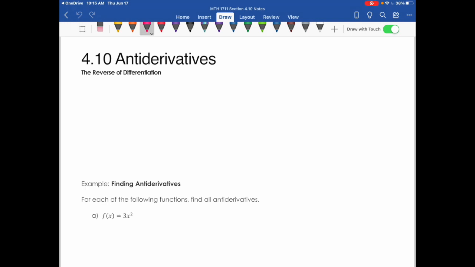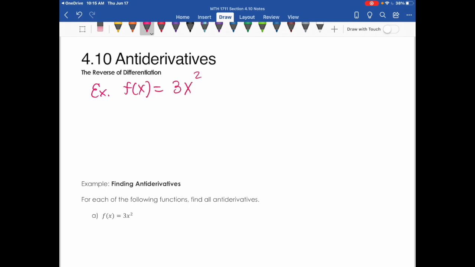Now, something to take into consideration while we're doing this is that you can have a derivative that belongs to a family of functions. So what I mean by that is that you can have a derivative that belongs to many functions.